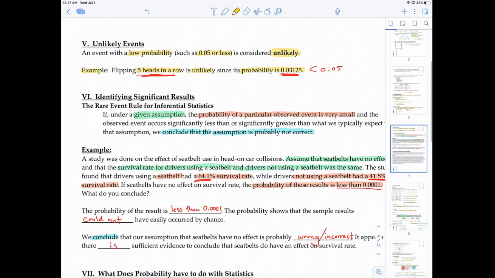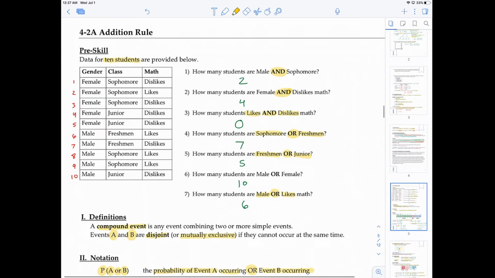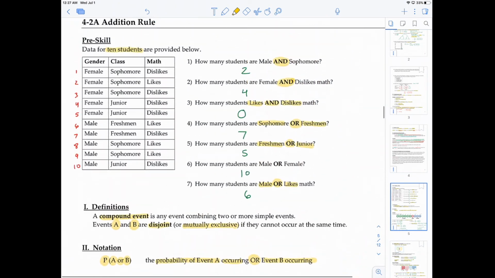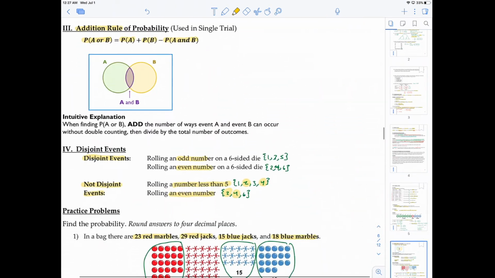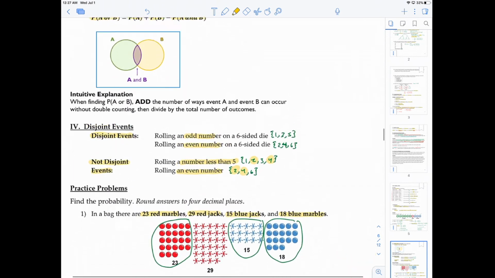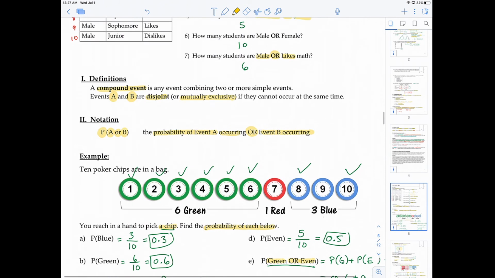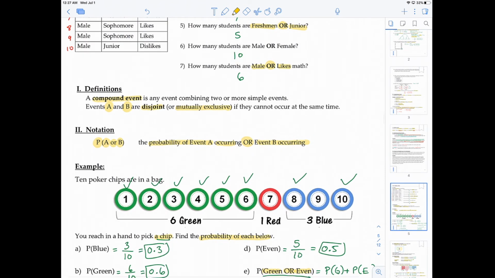It's also important to put that side by side with the definition of disjoint. Events A and B are disjoint if they cannot occur at the same time.